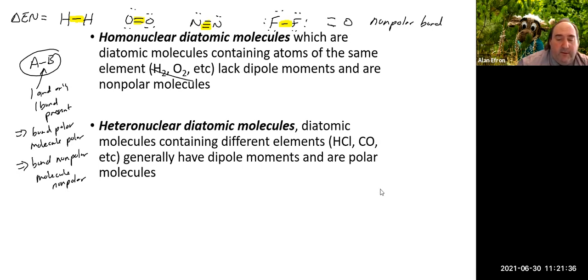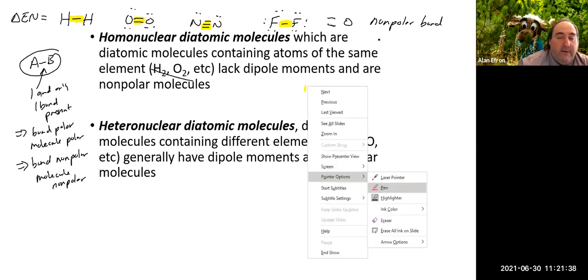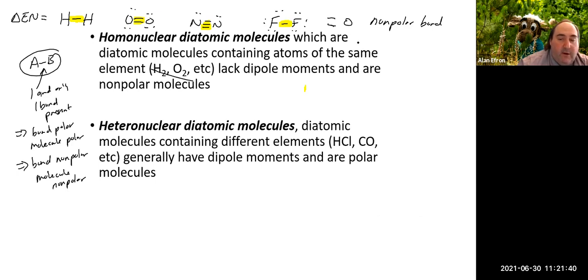Because the one and only bond in there is nonpolar, each of these would be considered nonpolar molecules. The molecular polarity here would be nonpolar, because it's pretty simple. It's a nonpolar bond, the only bond there, so the molecule is going to be nonpolar.